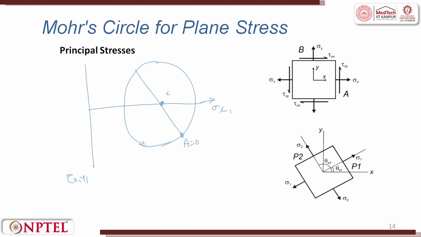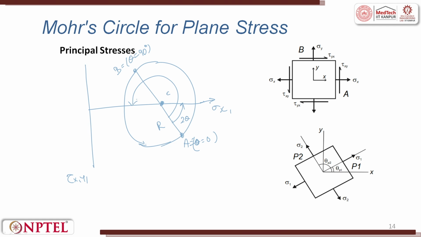A equal to 0 means theta equal to 0, whereas point B is theta equal to 90 degrees. Okay, and this one is represented as 2 theta, and this is R.